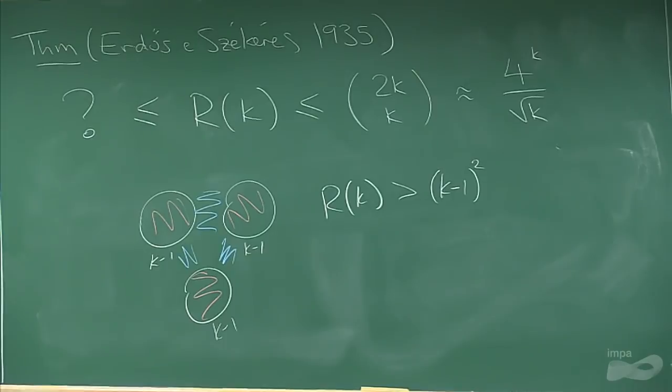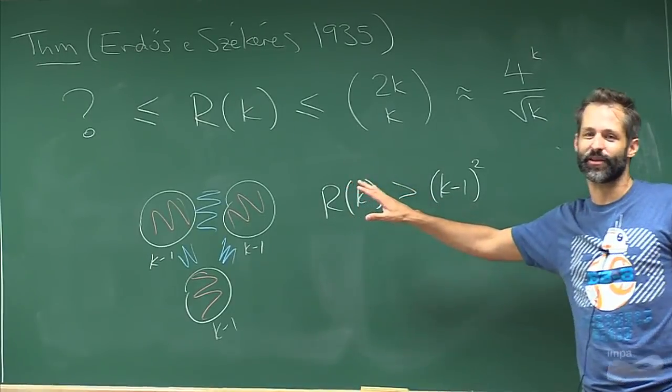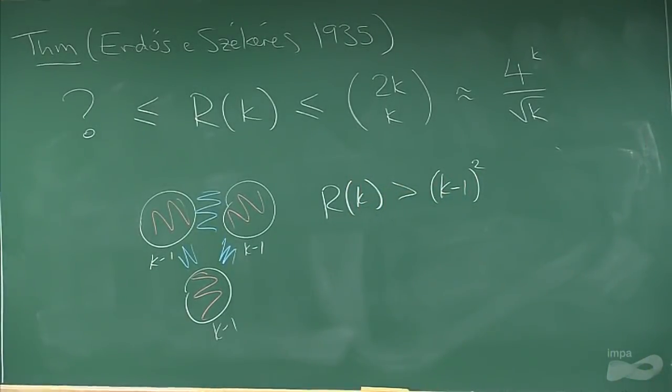So actually, when this problem was first introduced, this was suggested as potentially the correct answer, the extremal answer. And it's pretty difficult to come up with a construction that was better than this. It was only several decades later that someone came up with a construction of size k cubed.